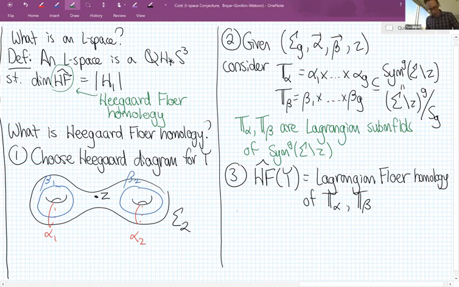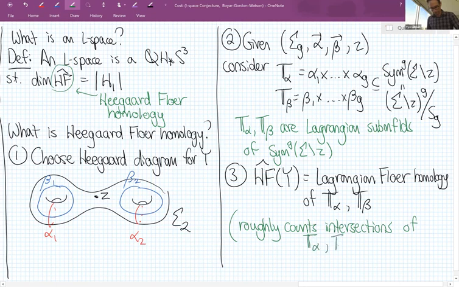And if you haven't seen Lagrangian Floer homology before, basically it's roughly some abelian group, or for us, some vector space that roughly counts intersections of these 2 tori. And it packages that information together with how they sit inside of this ambient symplectic manifold into a vector space.